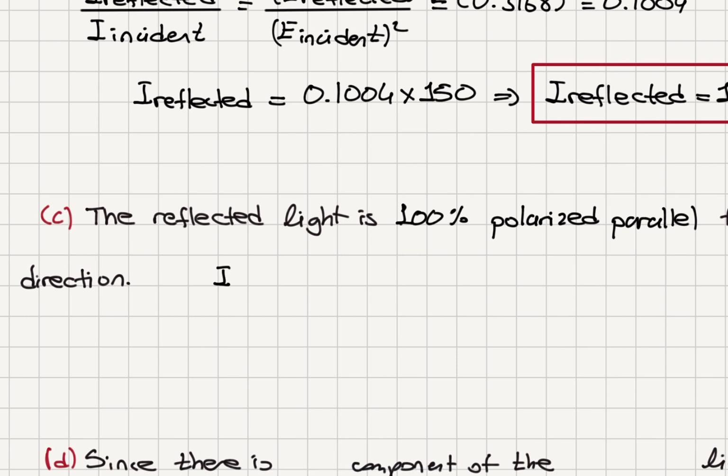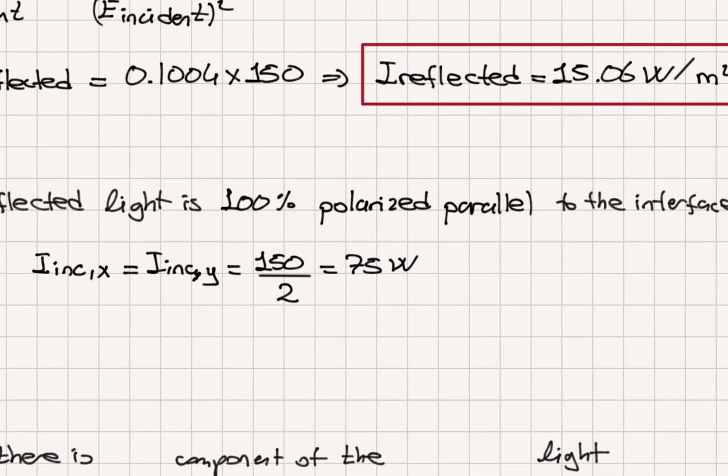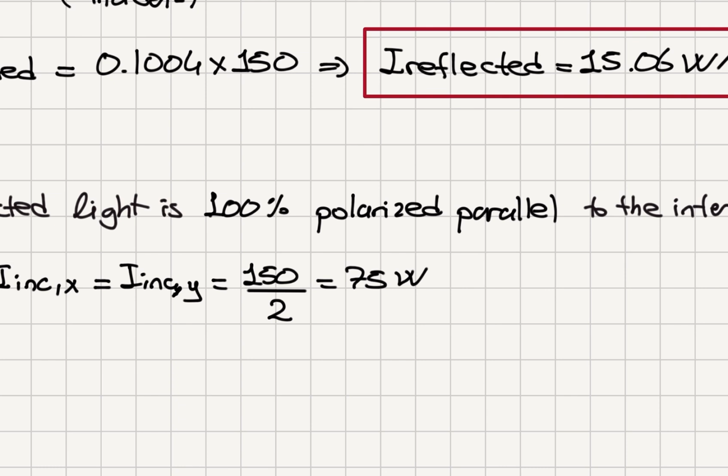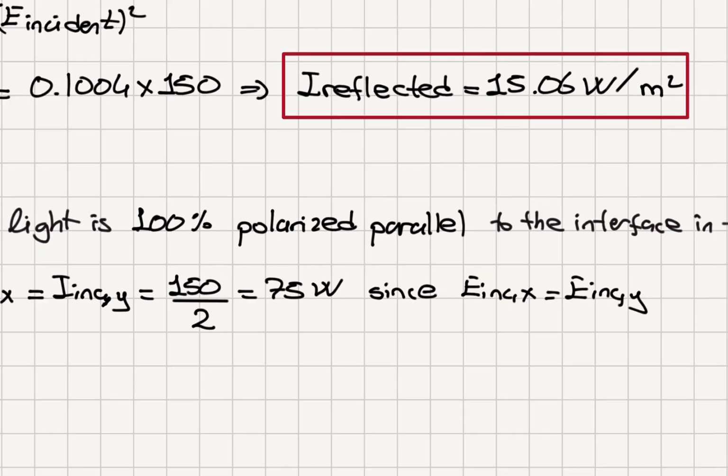Now the incident wave intensity for the x component and the y component are the same, and they are equal to 150 divided by 2, 75 watts. And this is due to the fact that E incident x amplitude and E incident y amplitudes are the same.